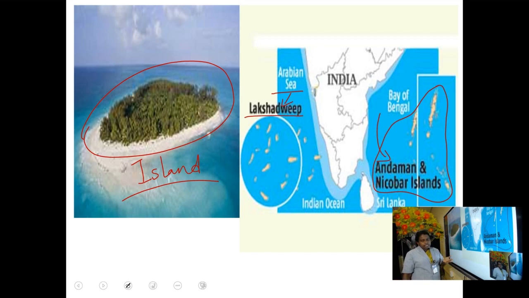Then we have a desert area, that is the Thar Desert. Then we have the plateau region. Then we have coastal plains because our country is covered by oceans in its southern part. Then we studied that we have islands also in India. So these are the 6 natural regions in India.